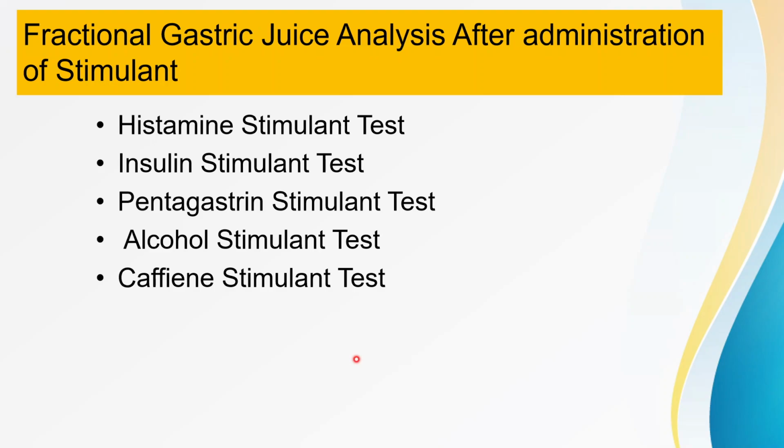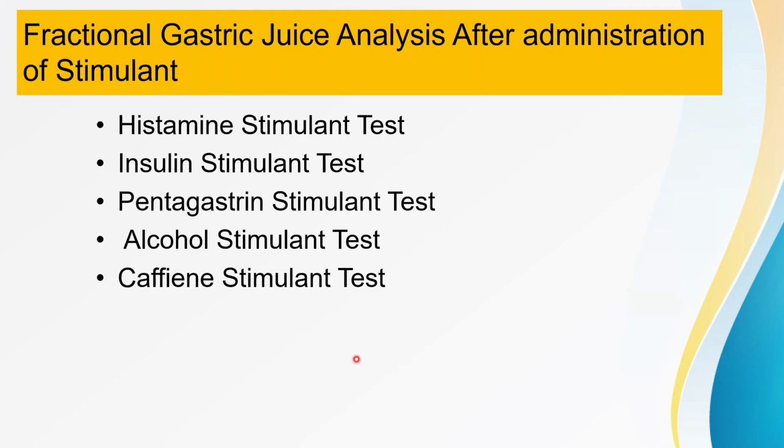So this type of gastric juice analysis, that is after giving a stimulant, will be a very valuable test. This test is of more diagnostic importance to differentiate hypochlorhydria from achlorhydria. That is, it shows the effectiveness of vagotomy in patients with duodenal ulcer, or helps to diagnose achlorhydria in pernicious anemia.